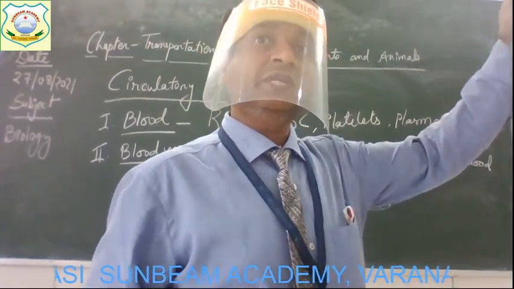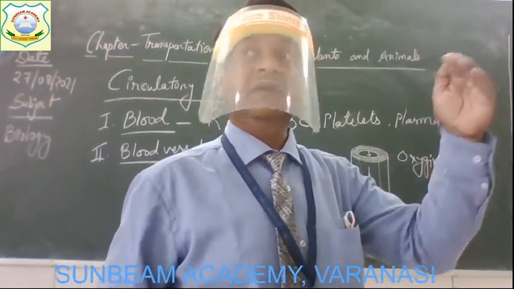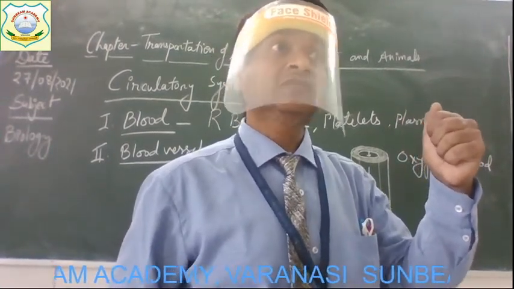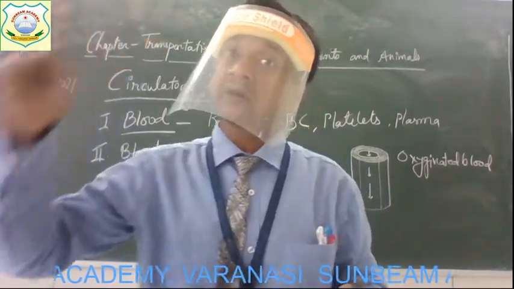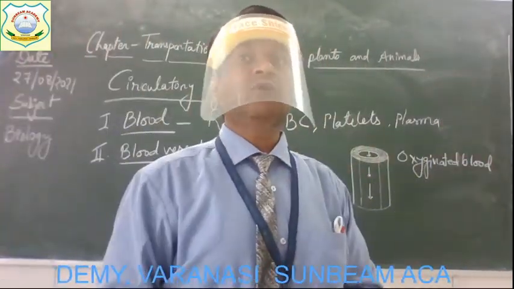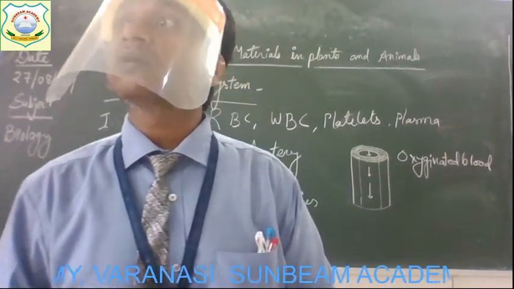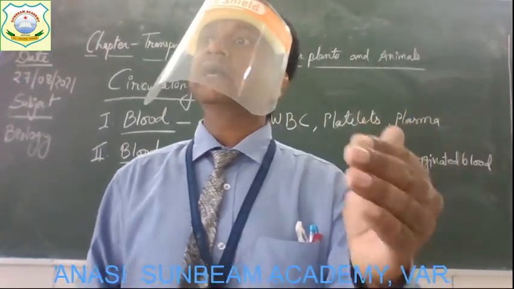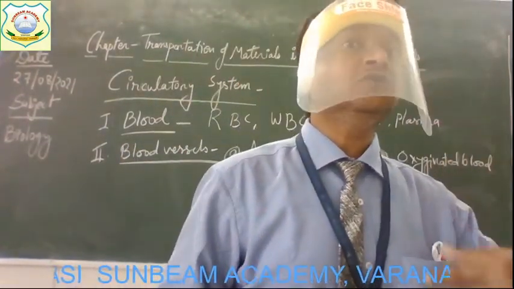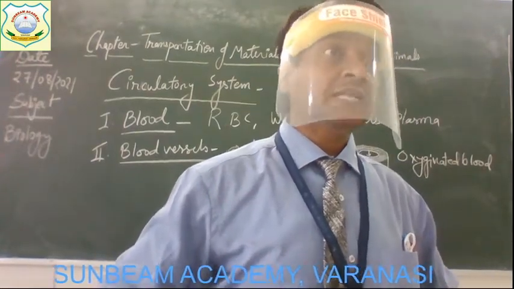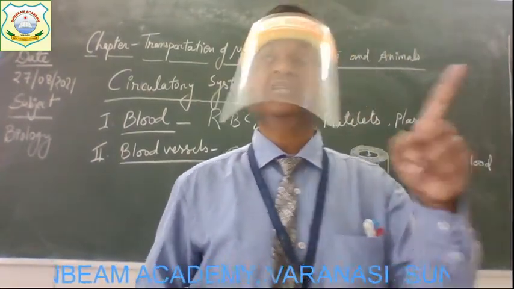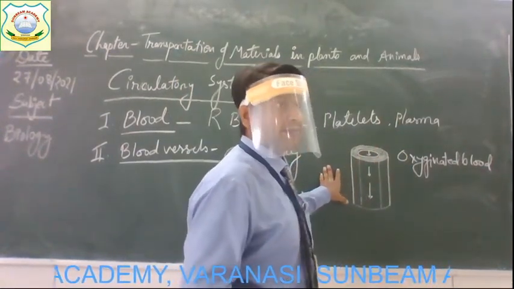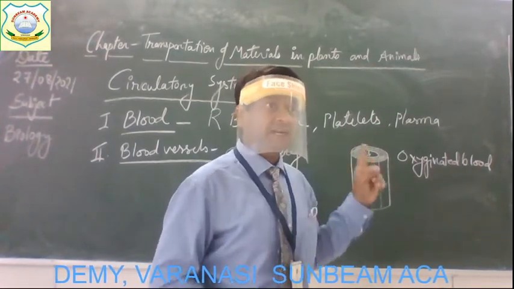So when the blood comes from where? It comes from the lungs to the heart, and from the heart to the rest of the body parts. That blood is oxygenated blood, oxygen-rich blood, and all this blood travels, circulates, is transported in our body through a special kind of blood vessel, and the name of that blood vessel is artery.